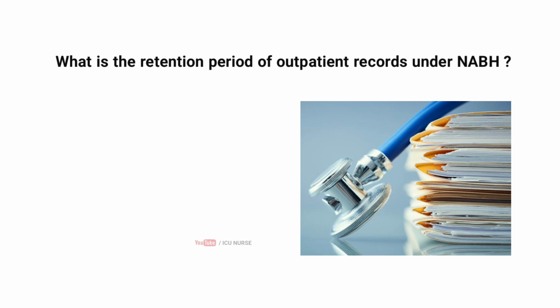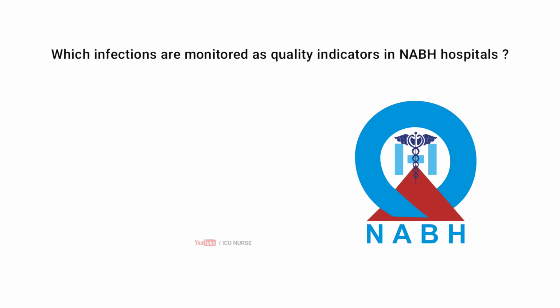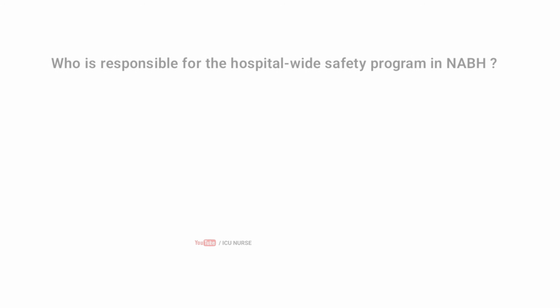What is the retention period of outpatient records under NABH? 5 years after the last visit. Which infections are monitored as quality indicators in NABH hospitals? VAP, CLABSI, CAUTI, SSI. Who is responsible for the hospital-wide safety program in NABH?